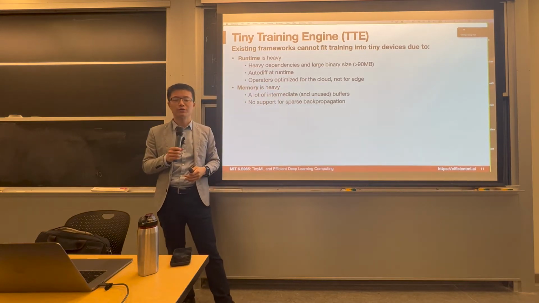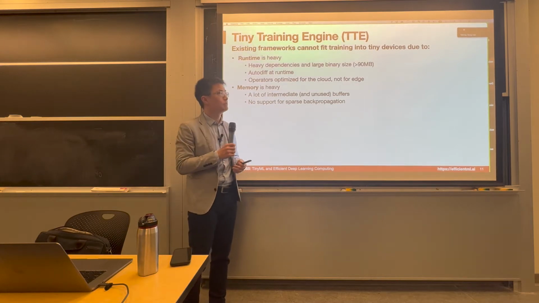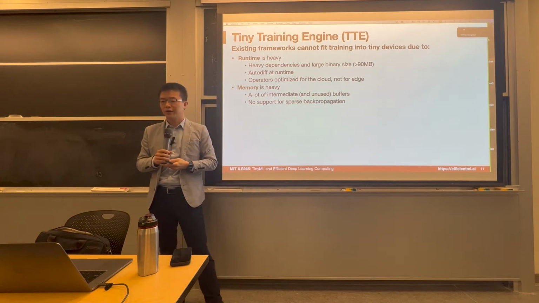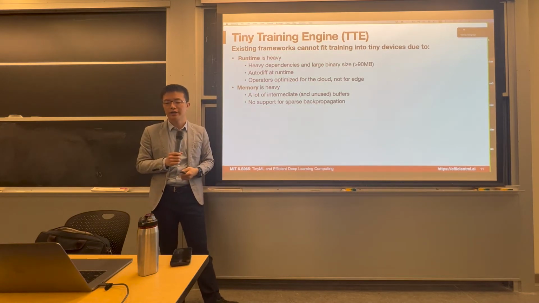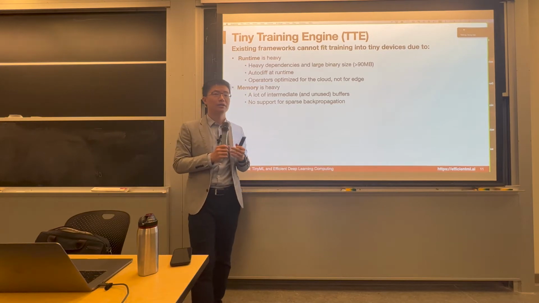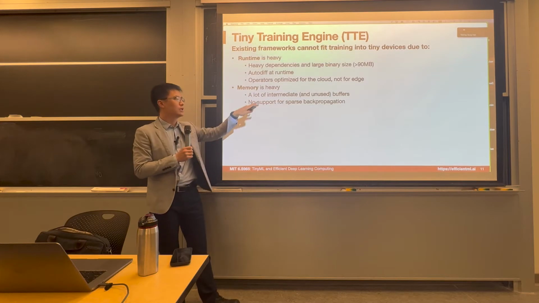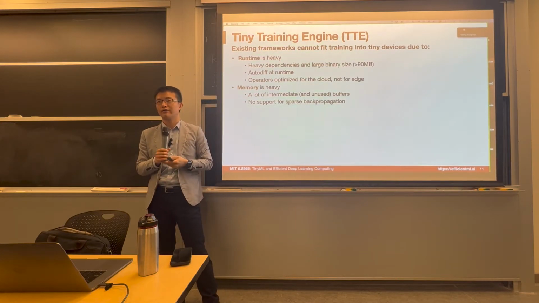Maybe it also includes several transformer layers, even though we are not using them at all. And for the conventional training infrastructure, those operators are usually optimized for the cloud, right? For the GPU, not for the edge. Therefore, we also need customized kernels, okay, that target on-device training.